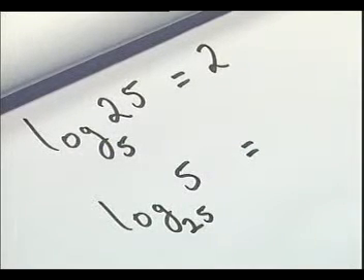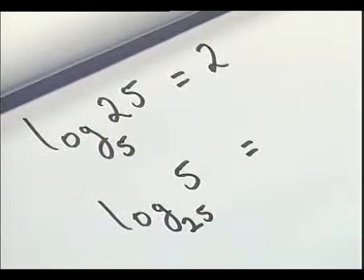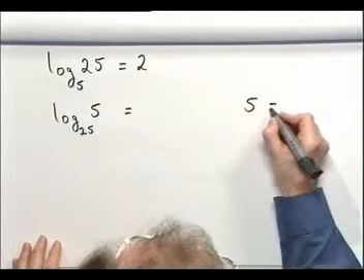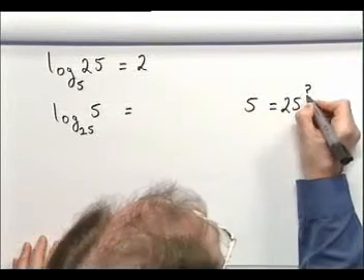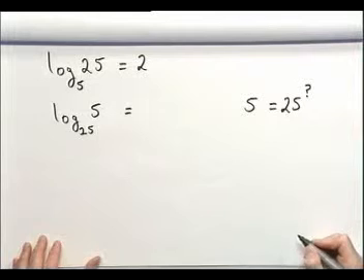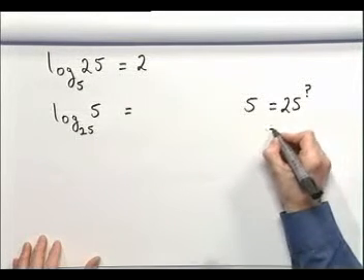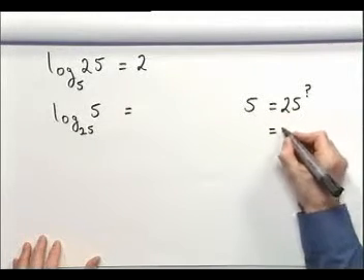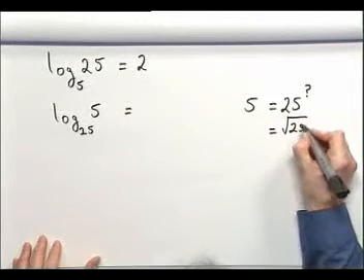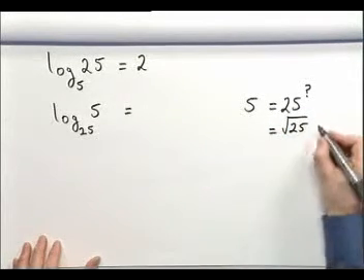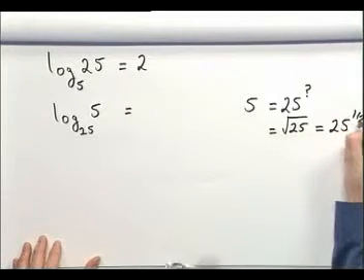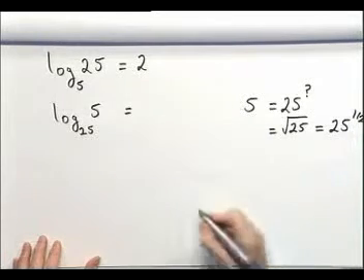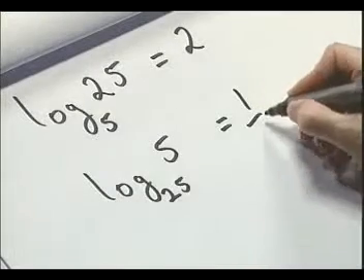Now that's the same as asking, if I have 5, how can I write it as a power of 25? What's that index there? Well, one of the things I do know is that the square root of 25 is 5. And I can write a square root as a power of a half. So what that tells me is that the log of 5 to base 25 is a half.